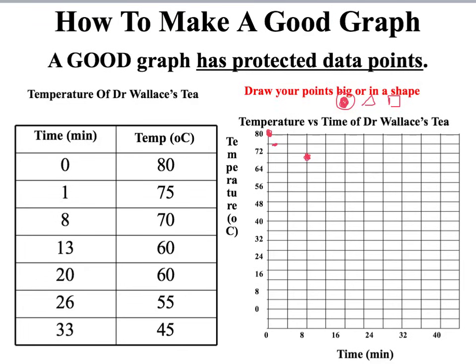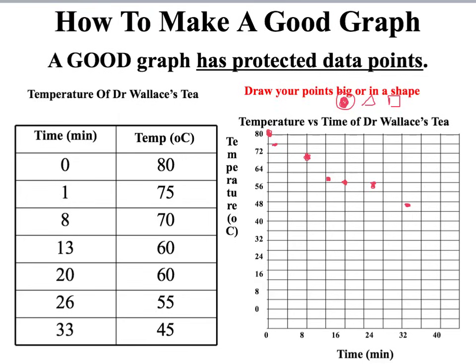At 13 minutes, 60 degrees. 20 minutes, 60 degrees. 26 minutes, 55 degrees. And 33 minutes, 45 degrees. And you can see this trend nice and easy on the graph compared to the data table.